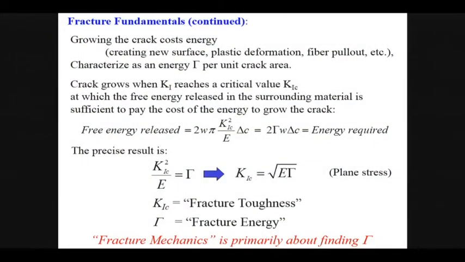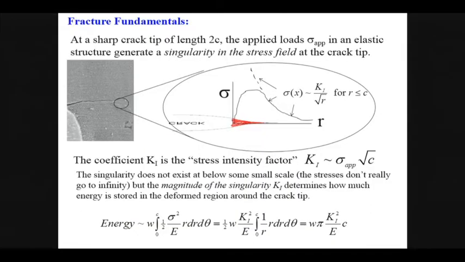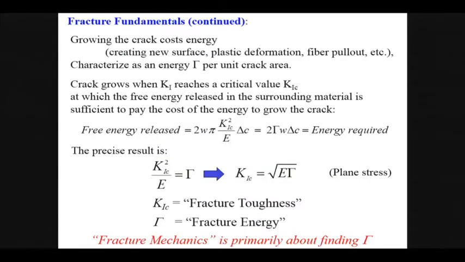Now, there's all kinds of things one has to worry about in large-scale plasticity, but if we're thinking about small-scale plasticity, linear elastic fracture mechanics, where we don't have global plasticity, then what we can think about as fracture mechanics is mainly about finding gamma. And that is, what's the limit of the stress intensity, or what's the energy released?